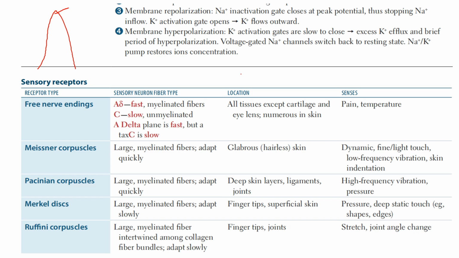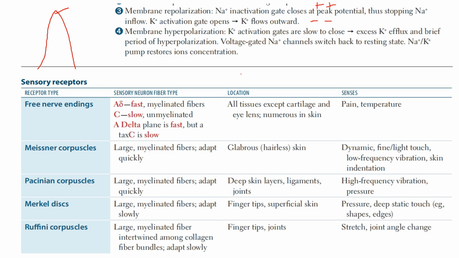So in repolarization, the inner neuron part is going to be negative and the outside of the membrane positive again, because the sodium gate has been closed and the potassium gates are open, through which potassium goes outside. That's how it's again getting negative inside and positive outside.